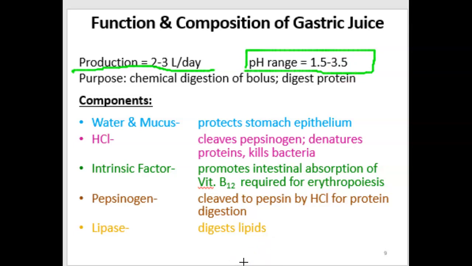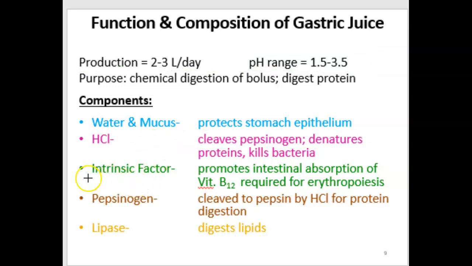And the purpose of the gastric juice is to chemically digest the bolus, particularly protein and a little bit of lipid. So we have water and mucus, hydrochloric acid, which is going to denature proteins, kill bacteria, and we've learned that it breaks pepsinogen down into an active form called pepsin.